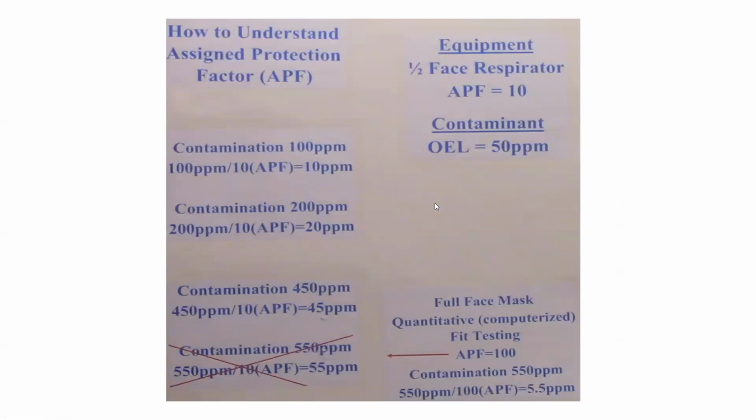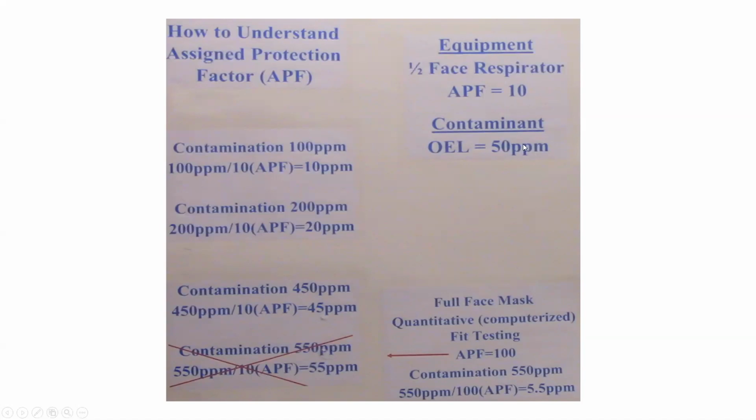So how to understand assigned protection factor? For example, workers are using a half phase respirator. Assigned protection factor is 10. They are working with a contaminant whose occupational exposure limit is 50.